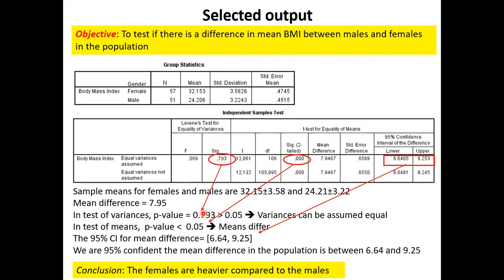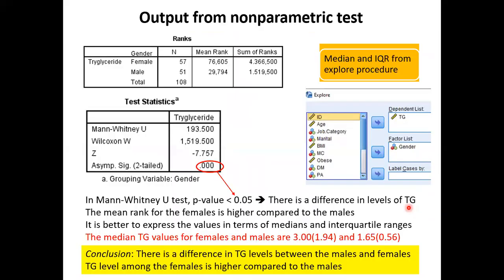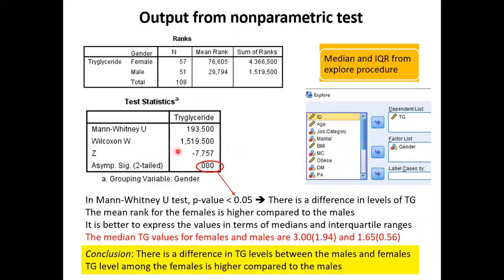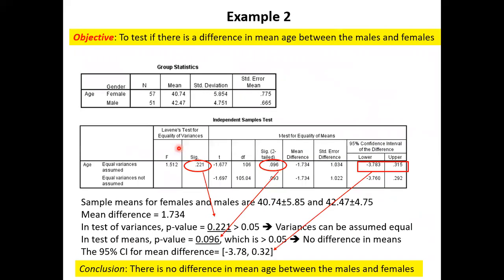The p-value is more than 0.05. So variance can be assumed equal. So variances are equal, then continue with the parametric test. Right?